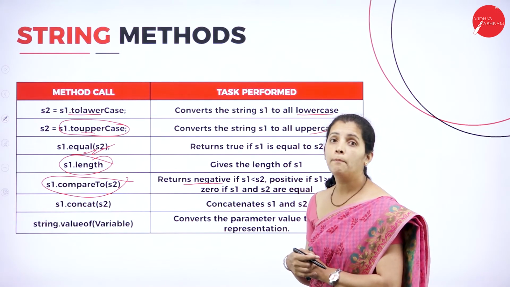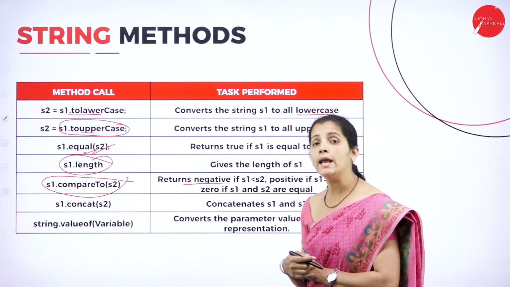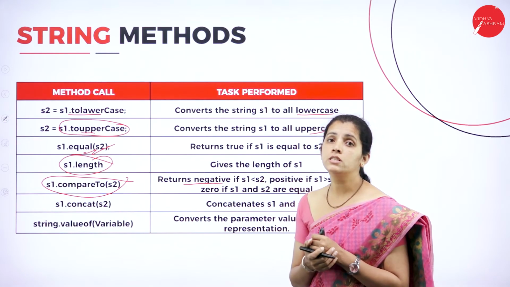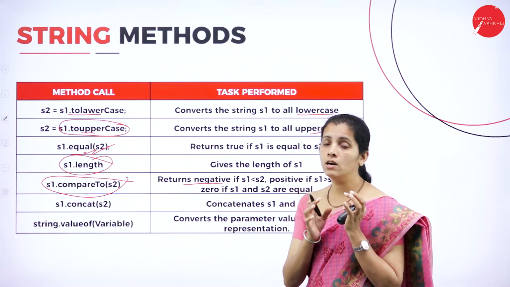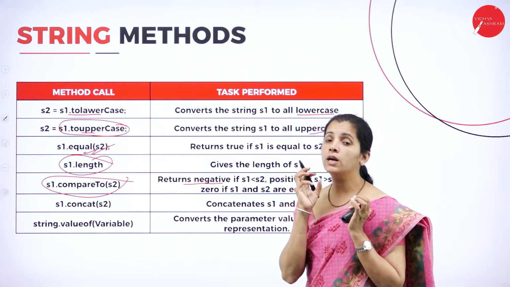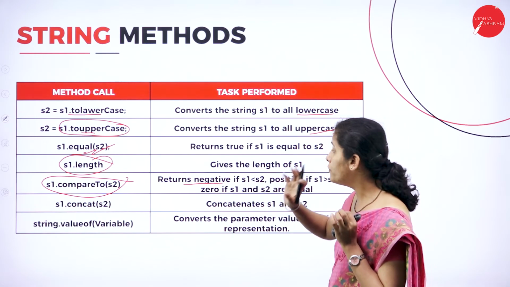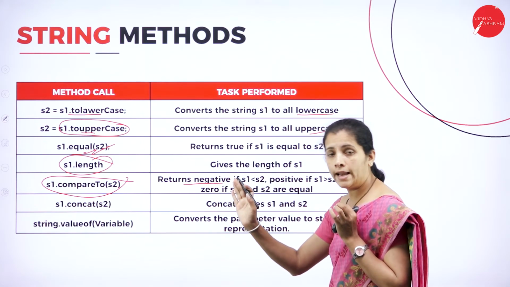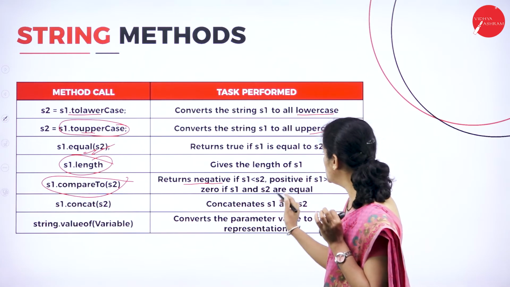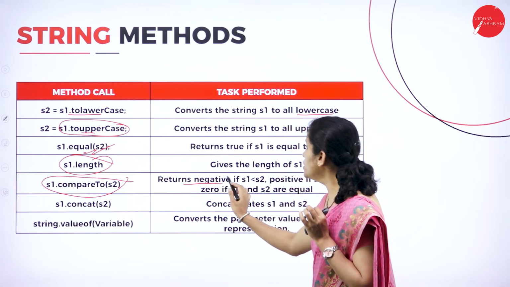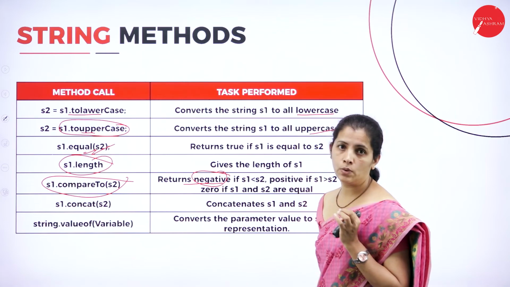So dear student, compareTo. So what is compareTo here? It's going to compare string 1 with string 2. But remember, while comparing, it's going to consider the ASCII value. Whenever the ASCII value of S1 is less than the ASCII value of string 2, then it's going to return a negative value.